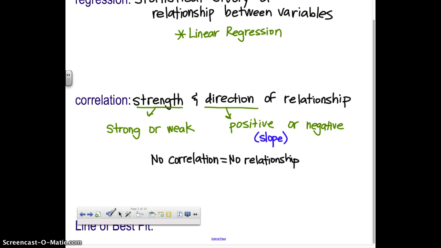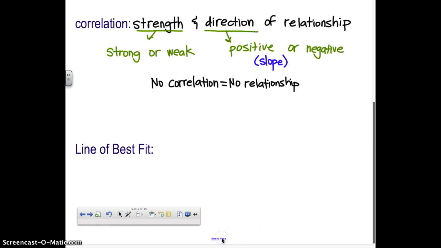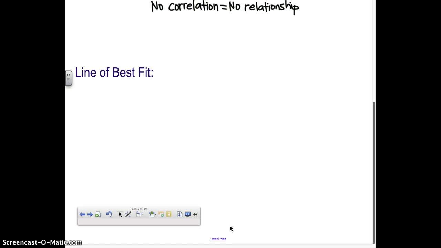Okay? When we have that strong correlation between two data points, we can write what's called a line of best fit. Okay? And a line of best fit is a line that most accurately represents the data. It may not be a perfect representation, and that's that idea of strong versus weak. The stronger the correlation, the better the line will represent your data.